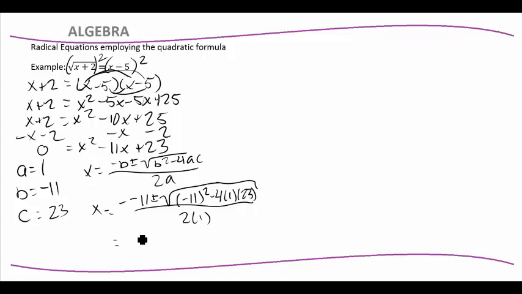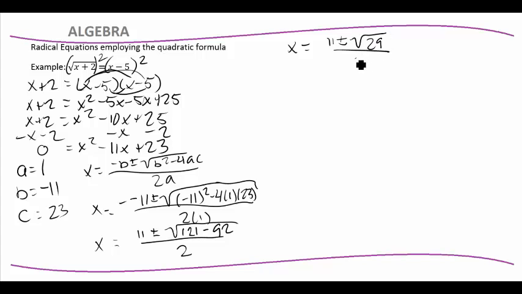This simplifies to 11 plus or minus the square root of 121 minus 92 all over 2. It can be simplified even further to x equals 11 plus or minus the square root of 29 over 2. So we have x equals 11 plus square root of 29 over 2, and we have x equals 11 minus the square root of 29 over 2.